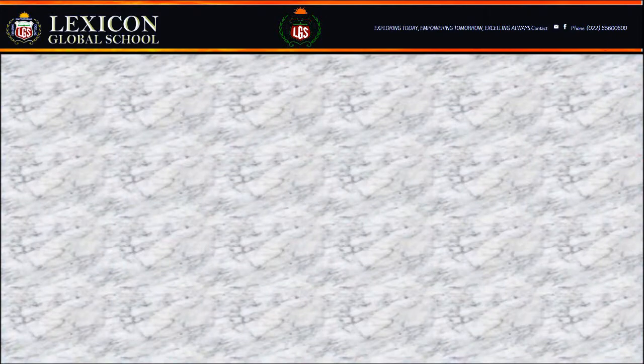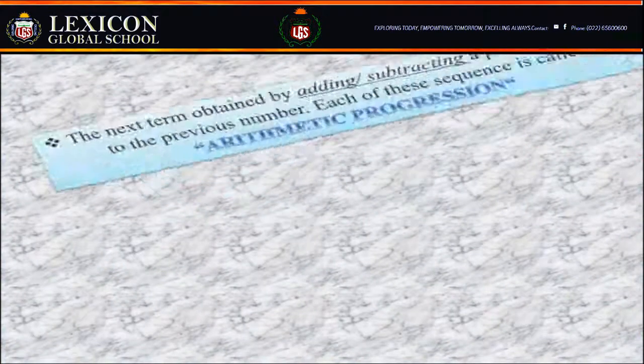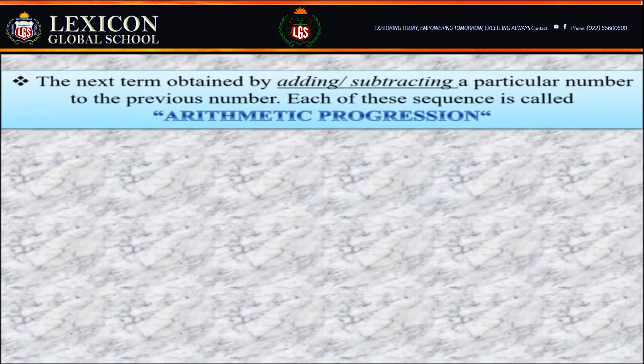Now, let us understand the proper meaning of arithmetic progression. The next term is obtained by adding or subtracting a particular number to the previous number. Each of these sequences is called arithmetic progression. We learned that when I added 1 to the first term, I got 2 as my second term.